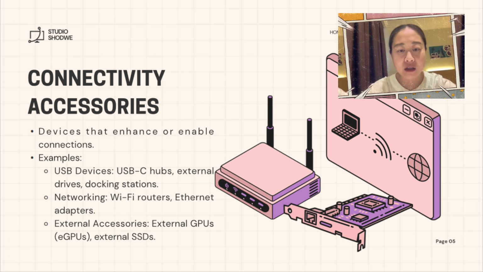Okay, the next part is connectivity accessories. Computer connection accessories refer to hardware devices used to connect a computer to external devices or networks to achieve data transmission, signal conversion, and power supply.